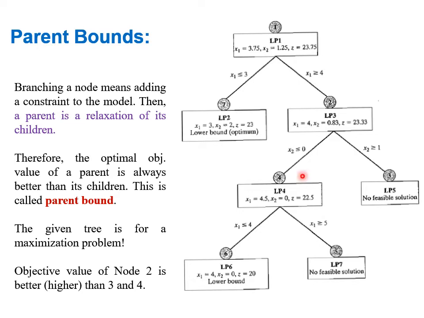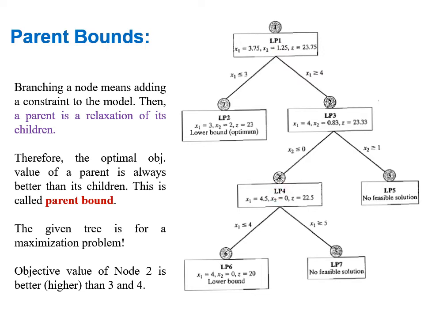And similarly, look at LP4 and LP3. LP3 is a relaxation of LP4 because in LP4, if we delete this constraint, then we obtain this one. And in LP3, if we delete this constraint, we obtain this one. And it means that LP1 is a relaxation of LP4 as well.